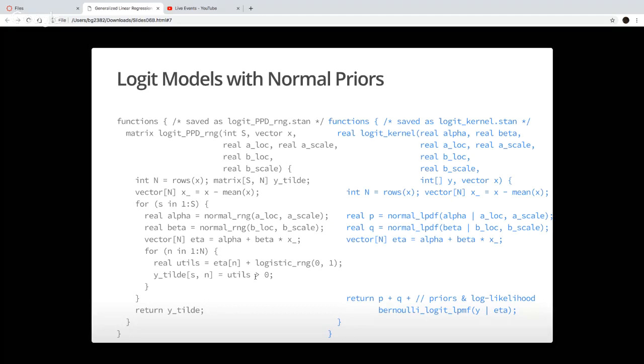And so when we observe these zeros and ones, it's basically saying we observe the sign of the person's utility difference between those two things, but we obviously don't observe the utility directly. And in that interpretation, beta is the sensitivity of utility to the person's X predictor. Anyway, when we're done with both of those loops, then we can return our S by N matrix of prior predictions.